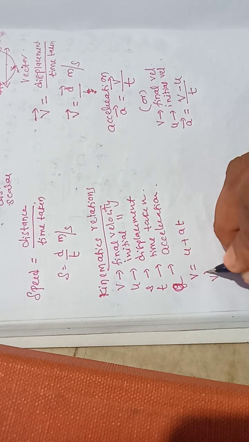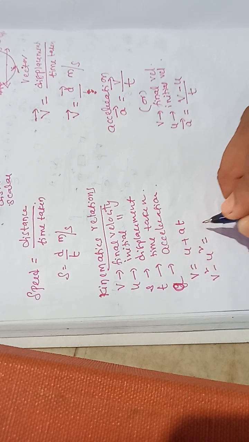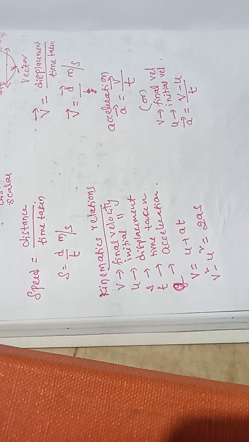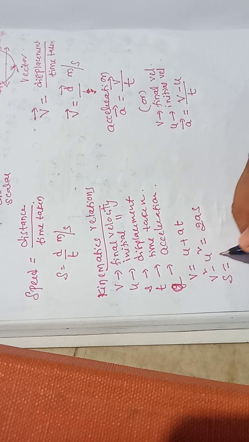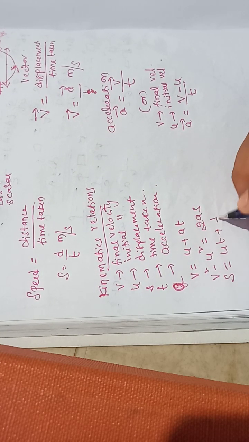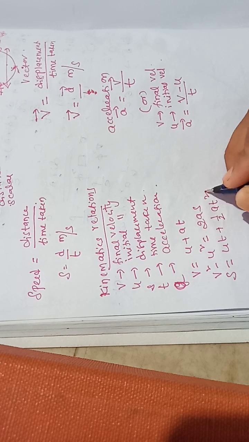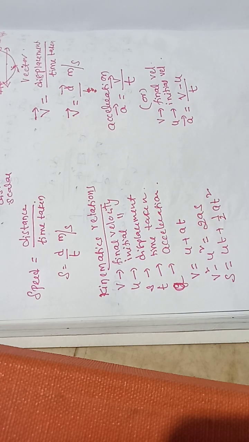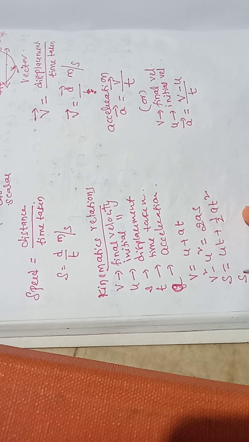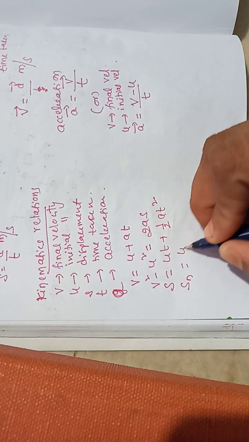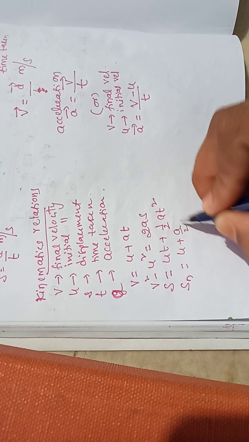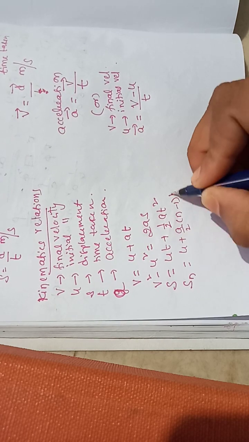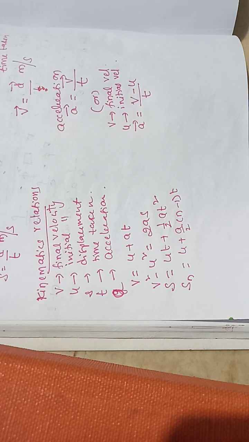Right? v square minus u square equal to 2as. s is equal to ut plus half at square. And another relation, Sn is equal to u plus a by 2 into (2n minus 1). So this we call kinematic relations.